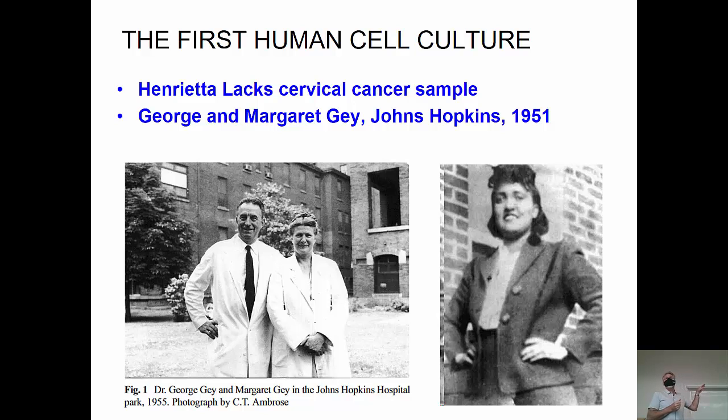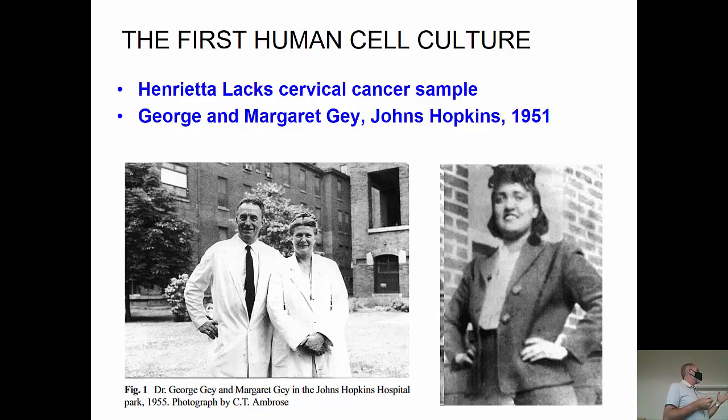And so Henrietta Lacks couldn't afford treatment for her cancer, so she went to Johns Hopkins and was treated. Now, during this process, they took a sample of her cervical cancer, plated it, and found that the cells would continue to grow. But they never got permission to do this.